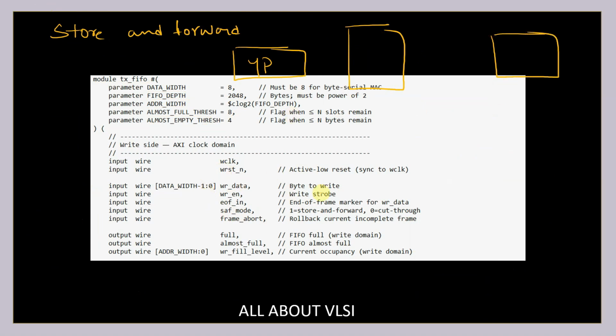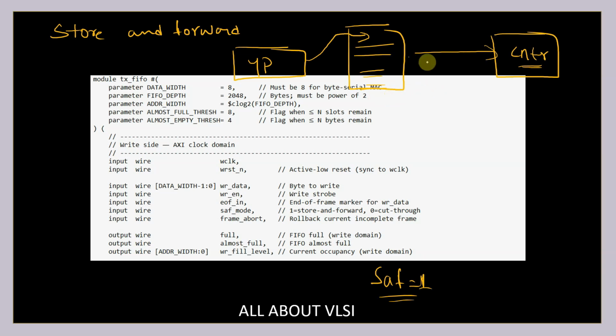In the case SAF is equal to 1, which is nothing but store and forward mode being activated, until the processor has written into all the locations, the controller will wait. It is not going to read the data from this FIFO. If the processor has sent all the bytes of data, then only the controller is going to read that information.